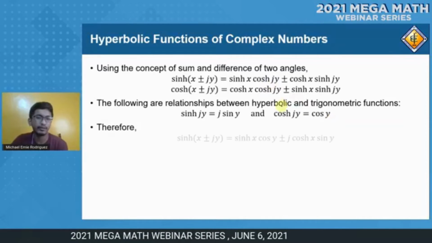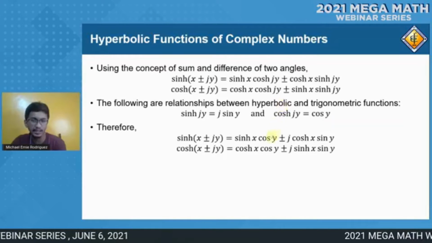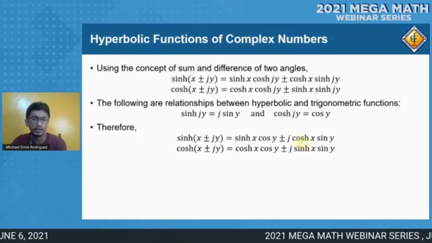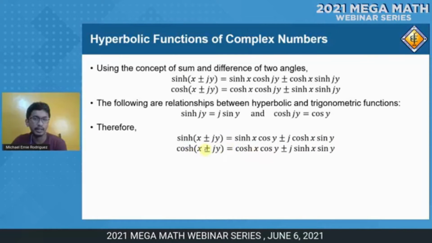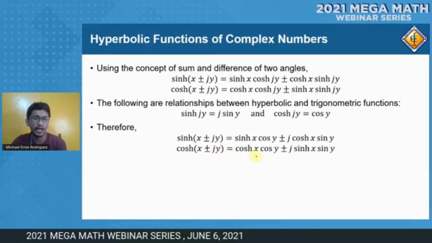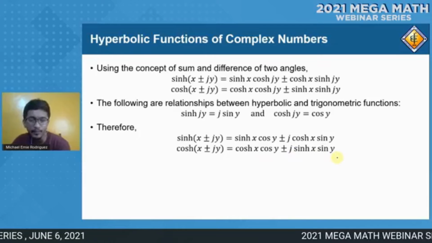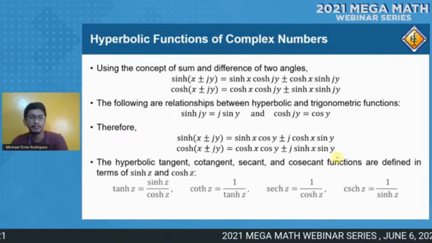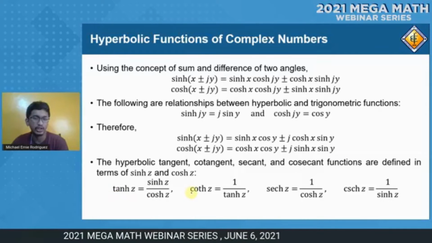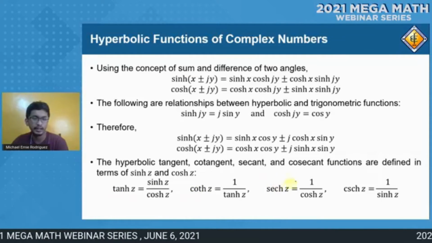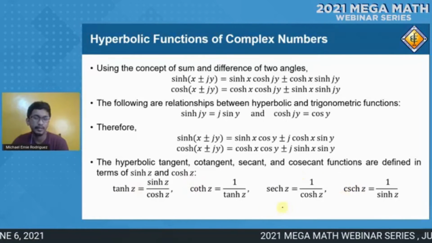And then therefore, we have sinh of x plus or minus jy is equal to sinh x cosine y plus or minus j cos x sin y. And for cosine, x plus or minus jy, that is cos x cos y plus or minus j sinh x sin y. And then again, for hyperbolic tangent, cotangent, secant, and cosecant, we use again these definitions.